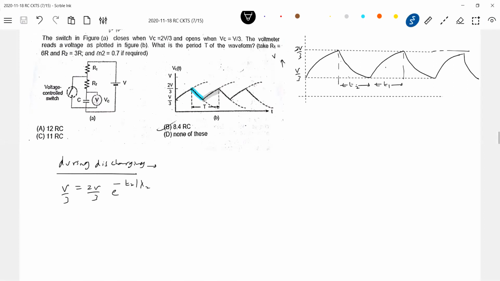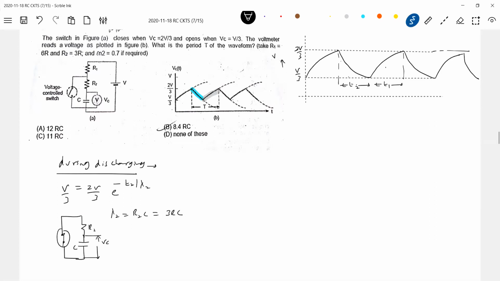The capacitor circuit will be only this much. When the switch is closed, it is shorted, no? So that is the condition that will arise. What is the time constant of the circuit? Lambda 2 should be equal to R2C. And what is R2? 3R.